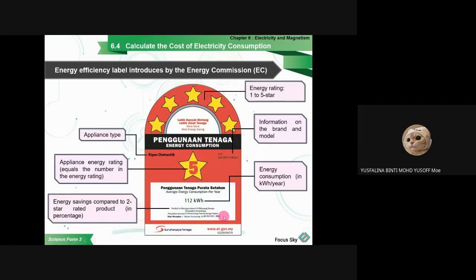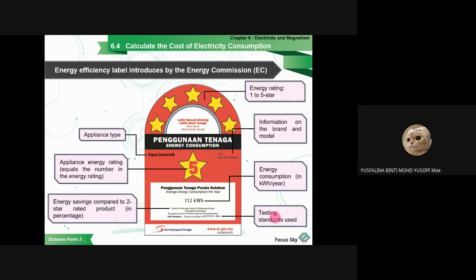So you can see here it says this product uses 51.55% less energy than an average product. So it saves about 50% of energy compared to another product.